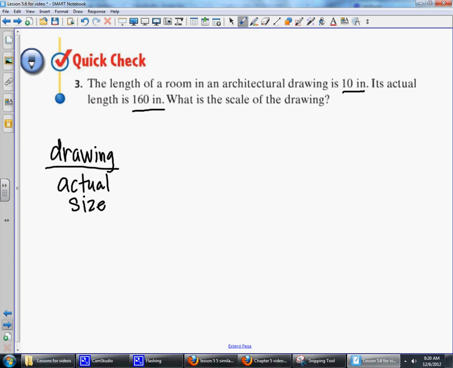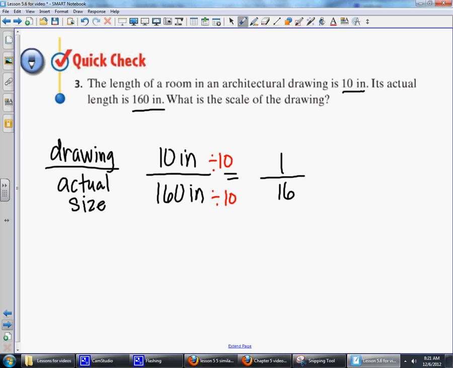So the drawing is 10 inches and the actual size is 160 inches. So the scale, we can actually reduce this fraction and we can divide by 10. So the new fraction would be 1 over 16. So the scale of the drawing is 1/16.